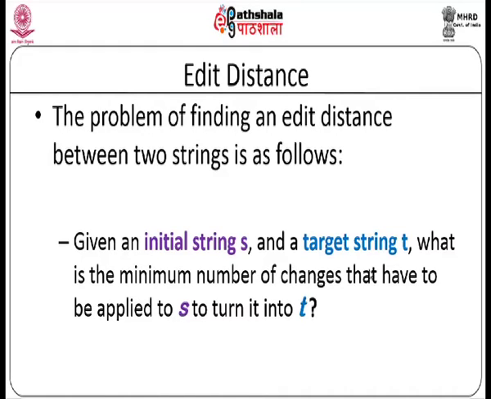But the computational complexity of string matching is going to be heavy. Therefore, we are going to approach this problem using the dynamic programming approach, and this problem is also known as approximate string matching. Given 2 strings S and T, we have to say what is the minimum number of changes that we have to make, so that this initial string S turns to T.